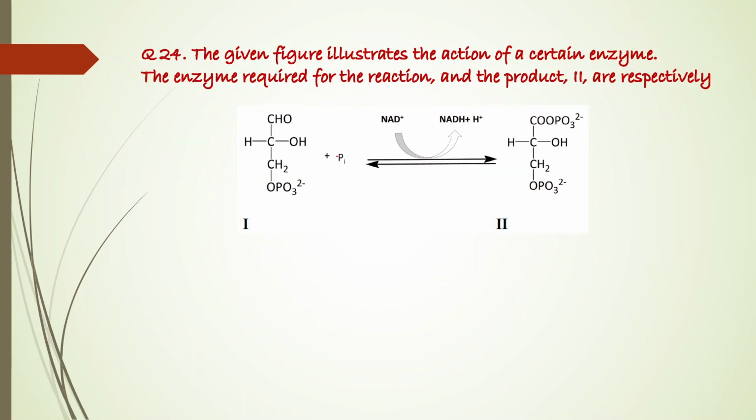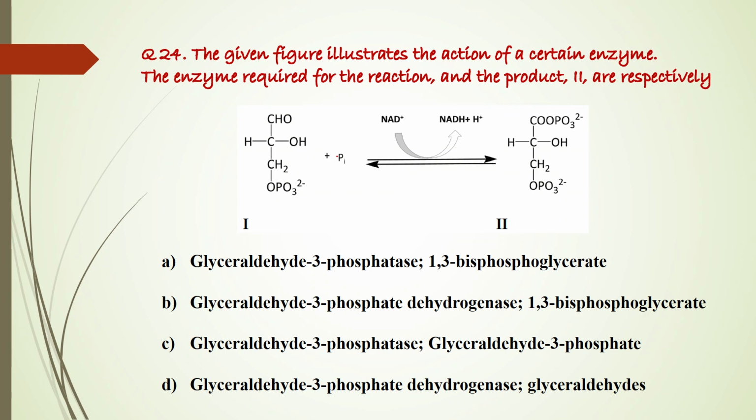Moving to the next one, it says the given figure illustrates the action of a certain enzyme. The enzyme required for the reaction and the product 2 are respectively what? So what do you need to identify? A conversion is happening from 1 to 2.